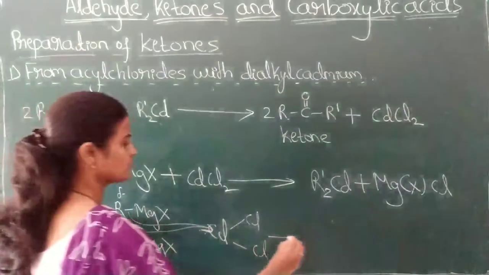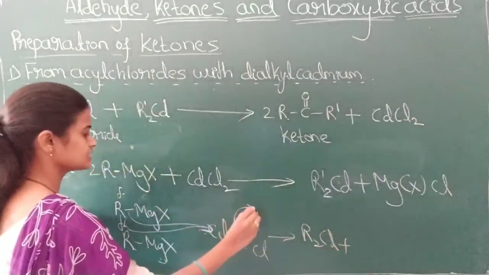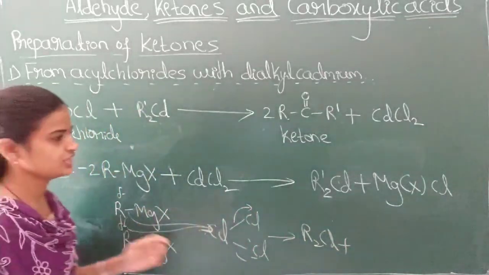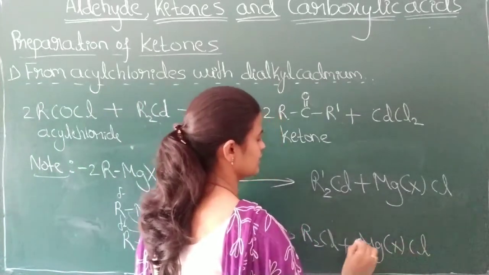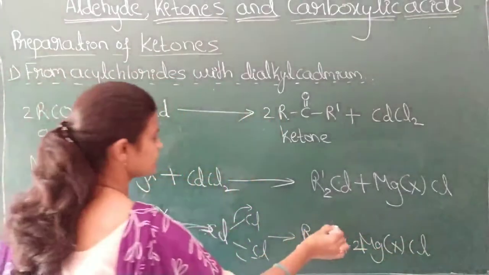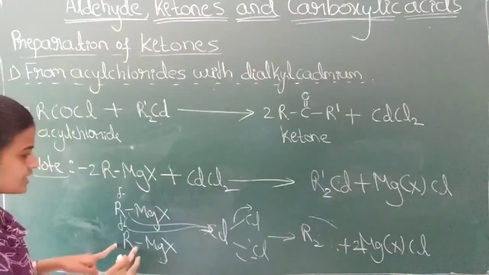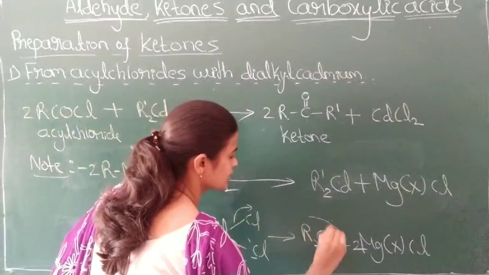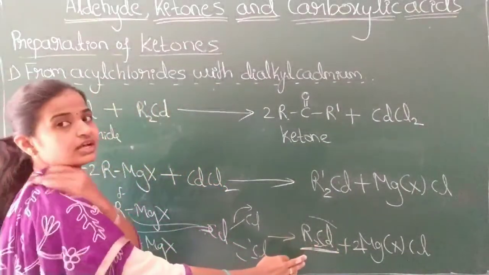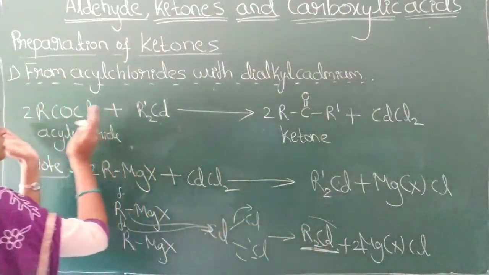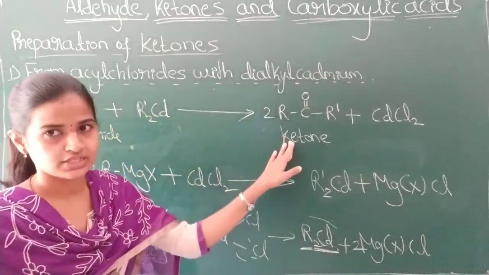Therefore, it forms R2Cd, and these Cl's will get eliminated with the MgX to form MgXCl2. See, it is not a Cl here, 2 R's are attached to the cadmium, therefore it is R2Cd. This is how dialkyl cadmium is prepared first by using the Grignard reagent, then this dialkyl cadmium is used for the preparation of the ketones in this way.